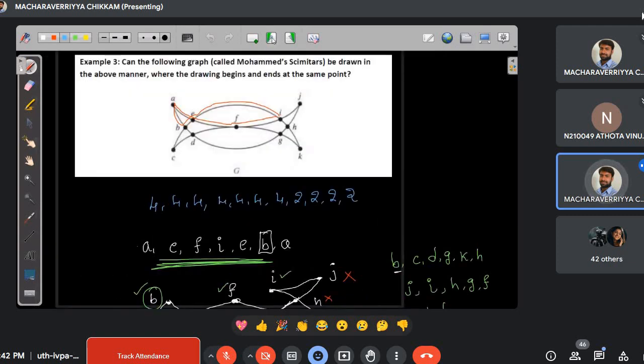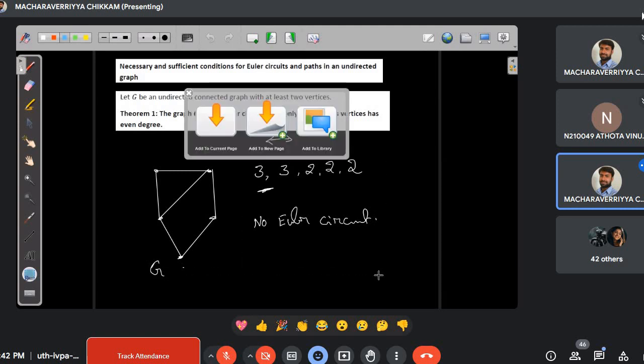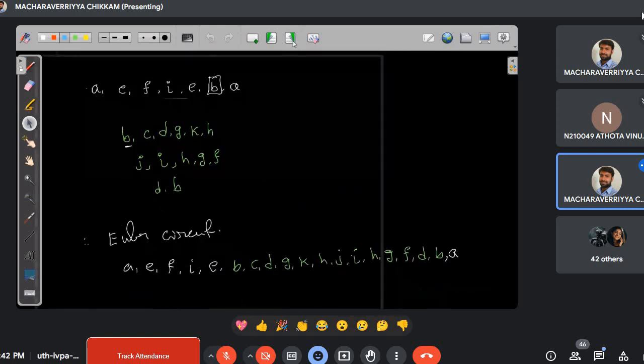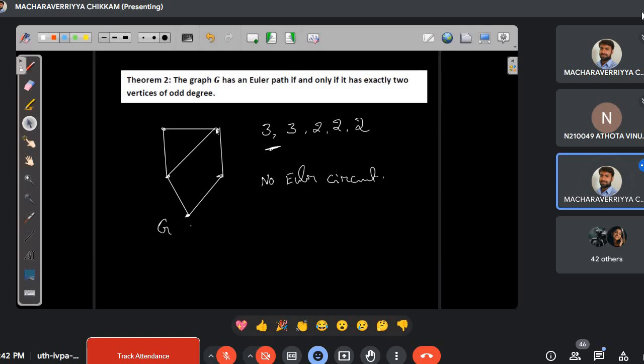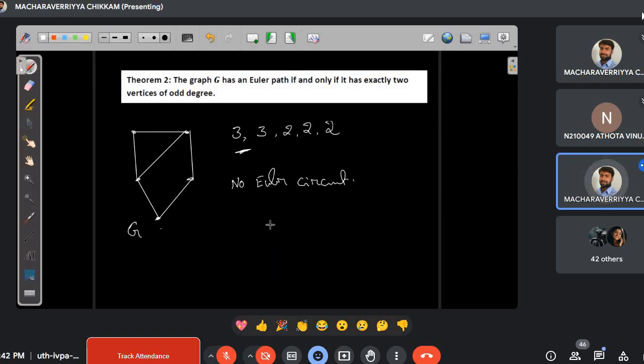So previously we looked at one example. Yeah, this one. Look at it. This graph does not have an Euler circuit because there is a vertex of odd degree.